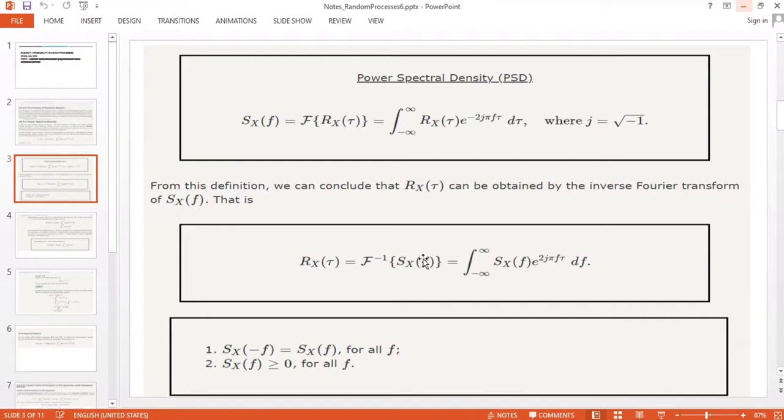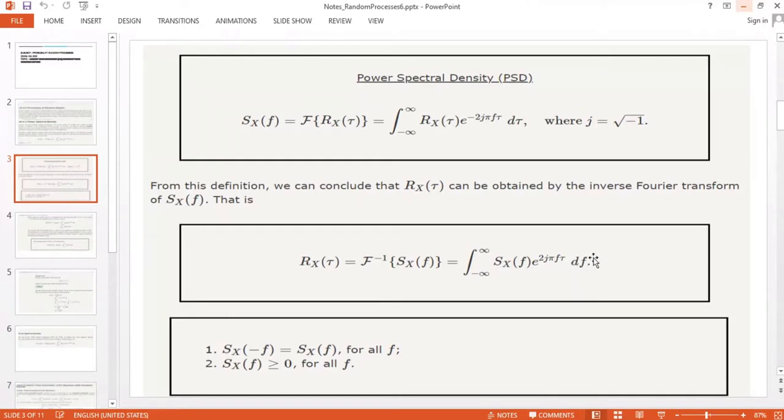S_X(f). You know how the inverse Fourier transform is defined. If the Fourier transform kernel is e raised to the power minus 2 j pi f tau, then in the inverse the minus becomes plus, Rx(tau) is replaced by the function S_X(f), and we integrate with respect to the variable f.